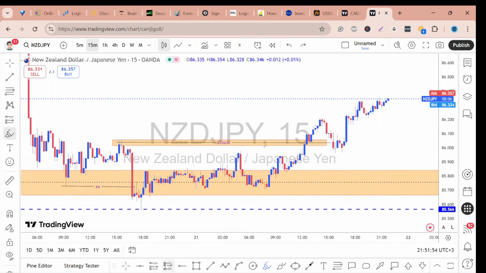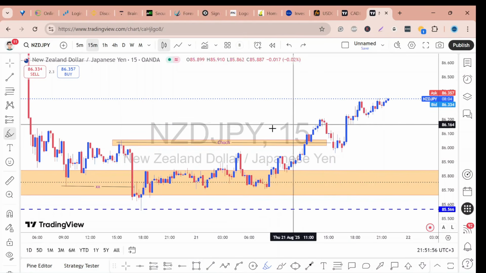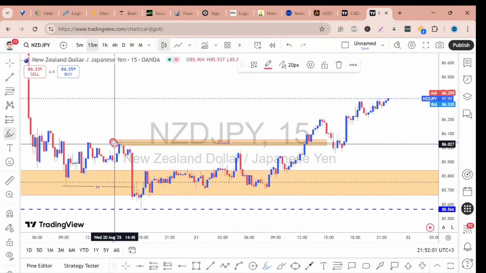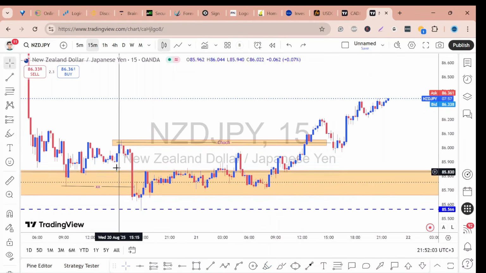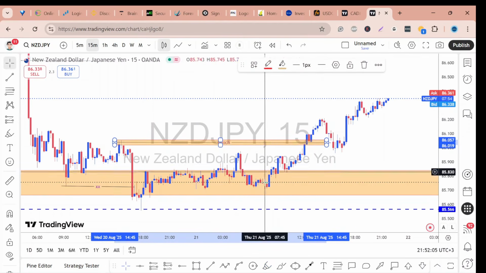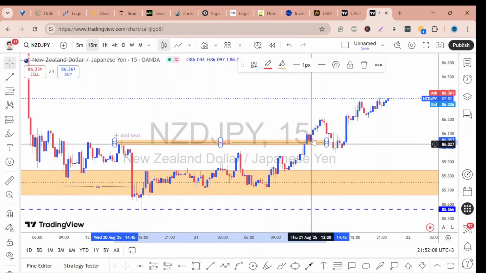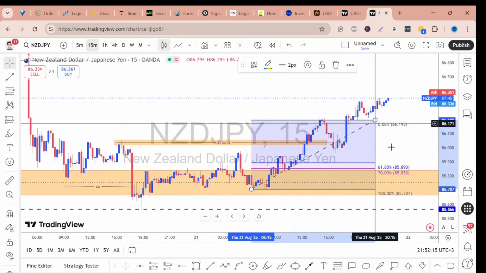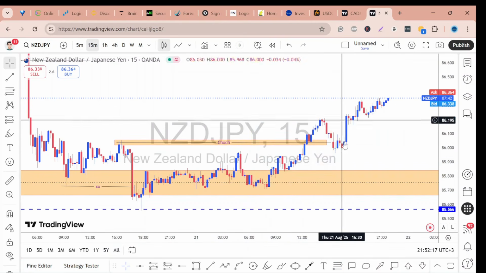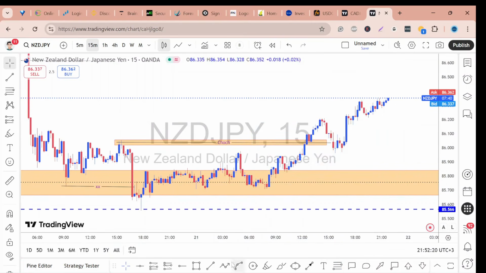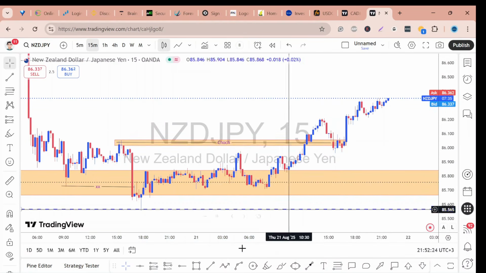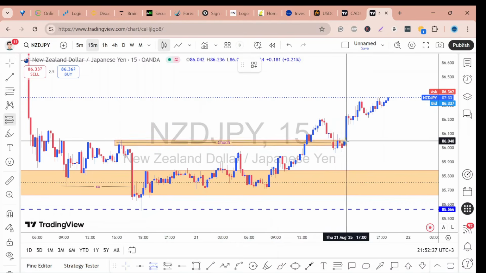Once we broke that high, I was looking for a retest of this zone here. It's more like break and retest. So I was looking either for a retest there or a deeper retracement to the fib, that is 50 or 61.8. Unfortunately, the 50 or 61.8 did not happen, but there was a retest of this zone once the change of character happened. So that is where I got my entry from.